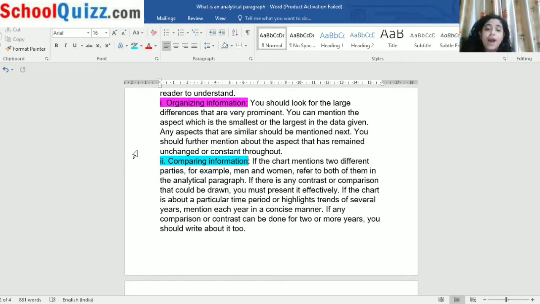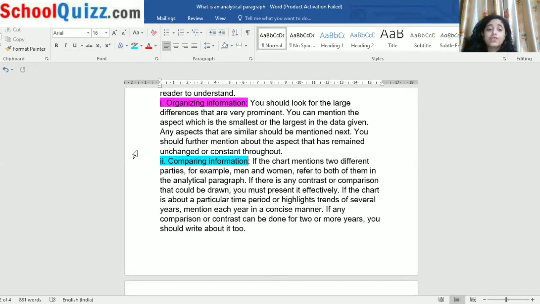If the chart mentions two different parties, like men and women, for example, refer to both of them in the analytical paragraph. You have to refer to both men as well as women. If there is a contrast or comparison that could be drawn, you must present it effectively. Any conclusion that can be drawn, you must present effectively.